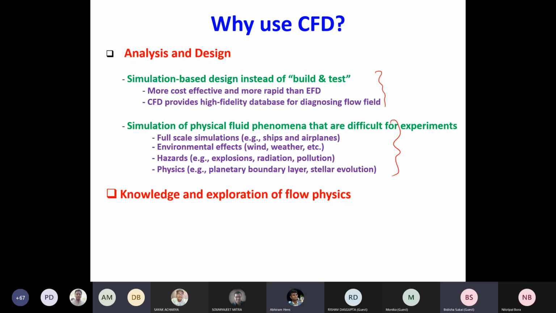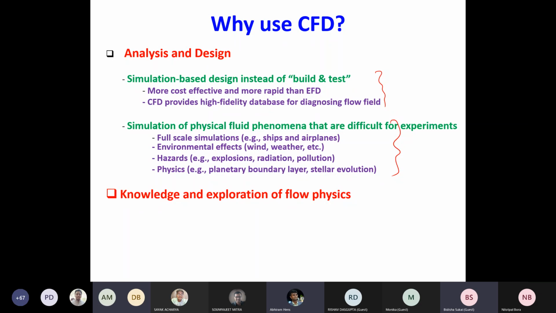And the second thing, from the researchers' point of view, is knowledge and exploration of flow physics. There are many fluid flow domains where many interesting features can take place, and if you would like to generate knowledge about them, for example porous media flow, which is a very complicated process.